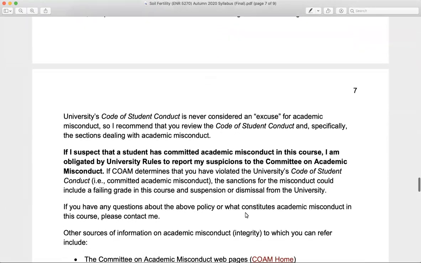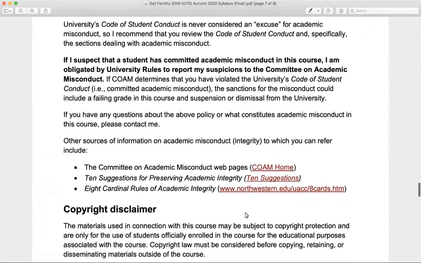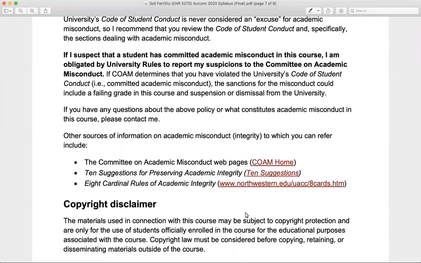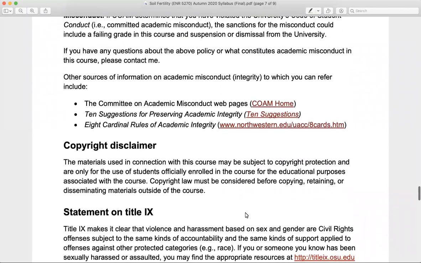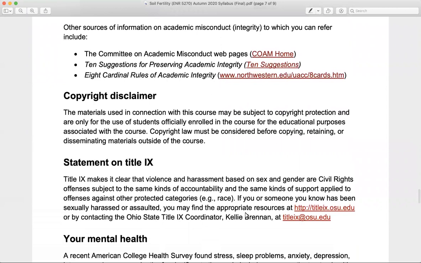I'm not going to spend time on this. I'm going to make the assumption that you all are adults and you make the decisions that you make. We will, if we find evidence of cheating, we're going to pursue that and follow kind of these standard operating procedures. So just please be aware of that, and there's plenty of resources here. Okay.